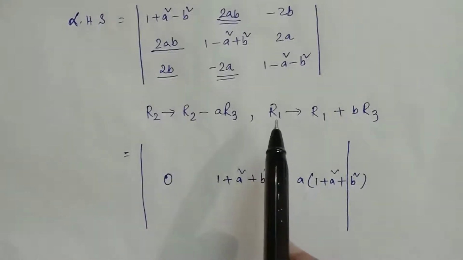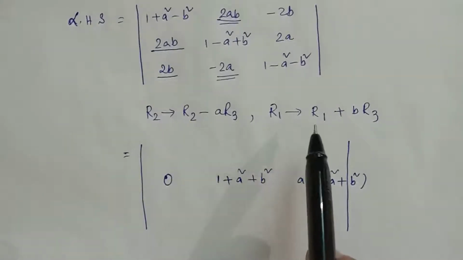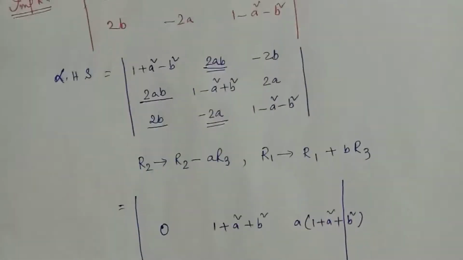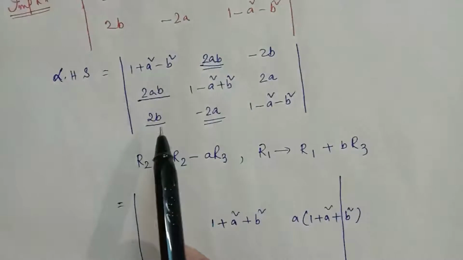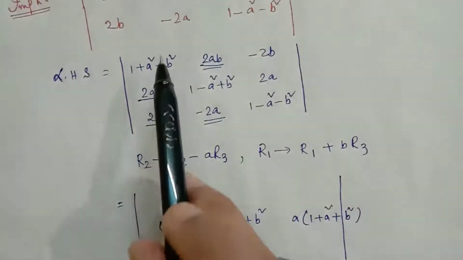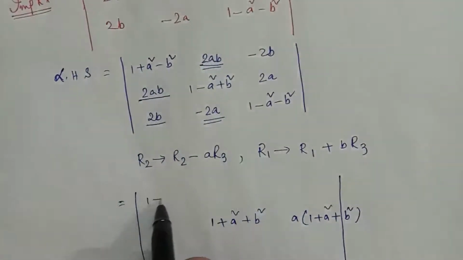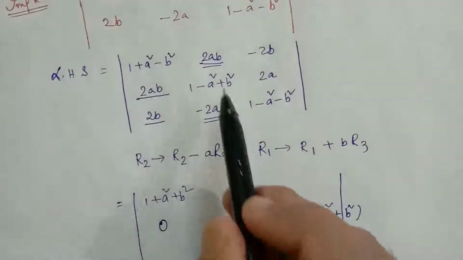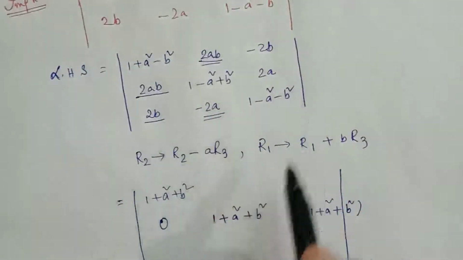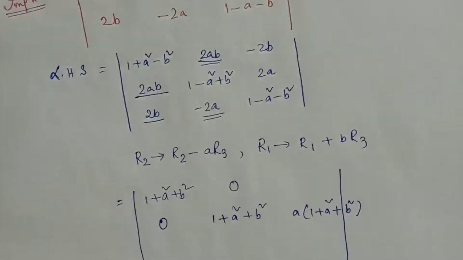Again we have to replace R1 by R1 plus b R3. So if we replace R1 by R1 plus b R3, this plus b into this plus 2b square will be 1 plus a square plus b square. This plus b into this will give us 0.